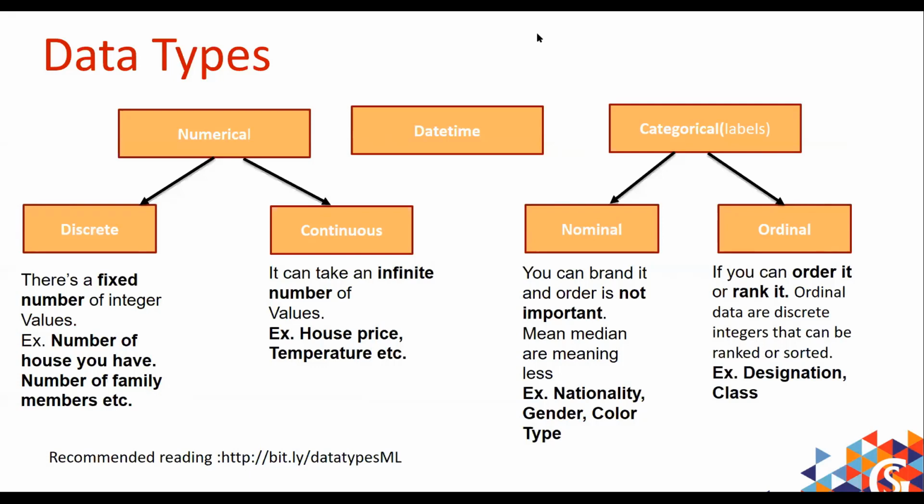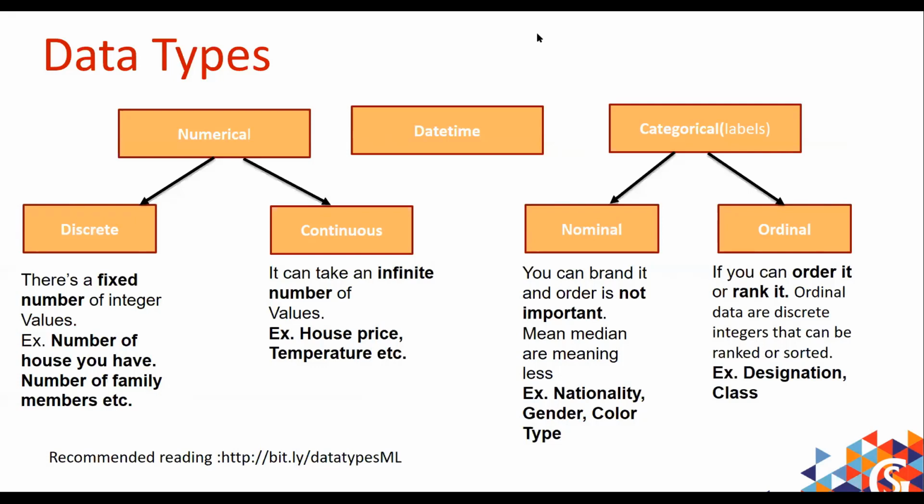The continuous data type can take an infinite number of values, which can cover fractional numbers also, like house pricing, which is a gradual number, or temperature. All this kind of data is called continuous data.